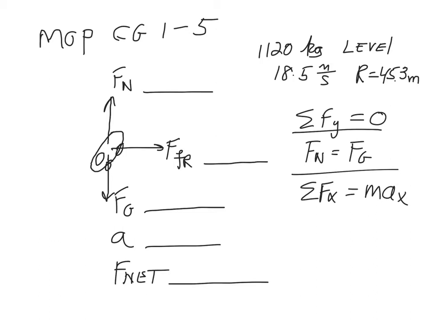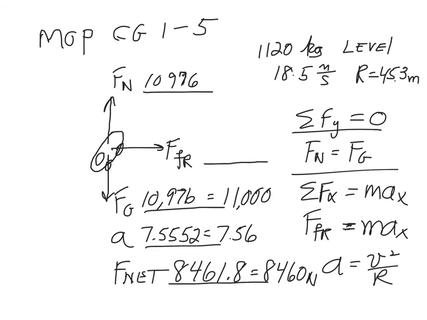For this case, there's only one force in the x direction, the force of friction. And that's equal to the mass times the acceleration in the x direction, which is a centripetal acceleration, v squared over r. Okay, so do the problem, fill in those blanks, and then come back. Okay, check how you did.